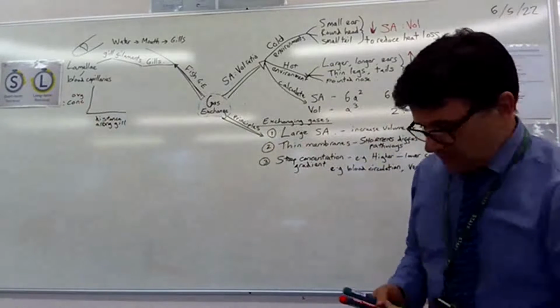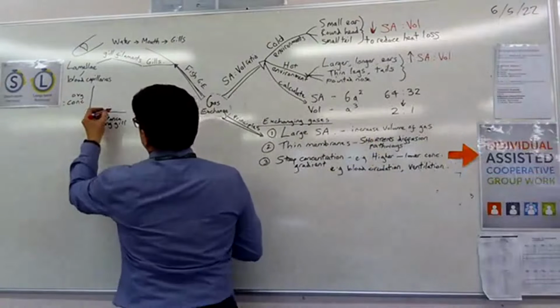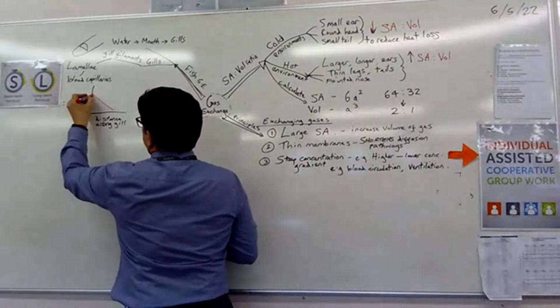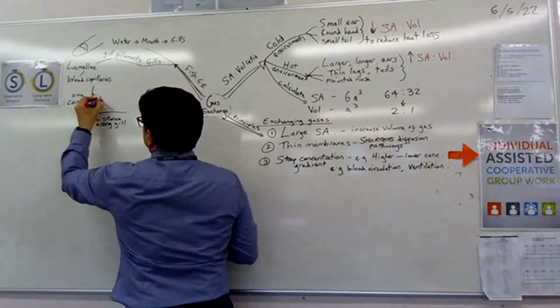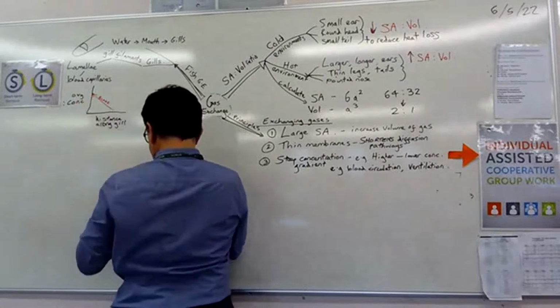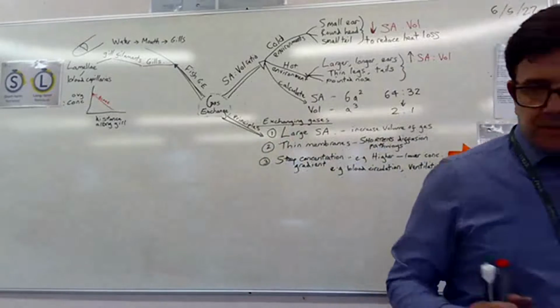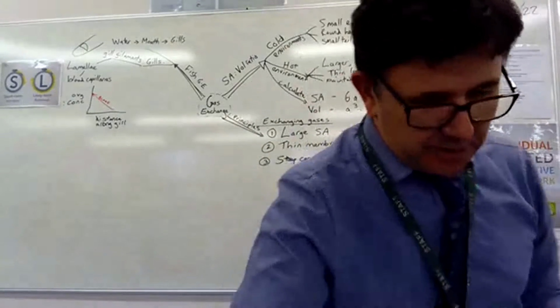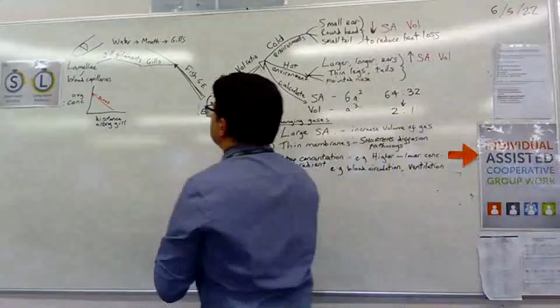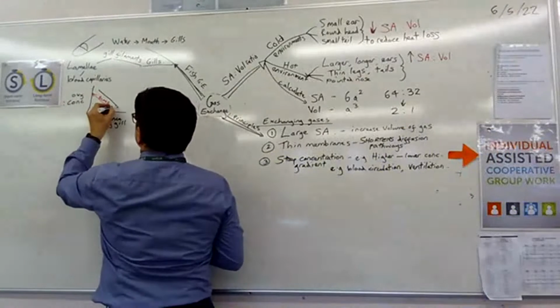So blood goes one way, okay? And the other way is water. Now water has a high concentration of oxygen, and the blood has a low concentration.